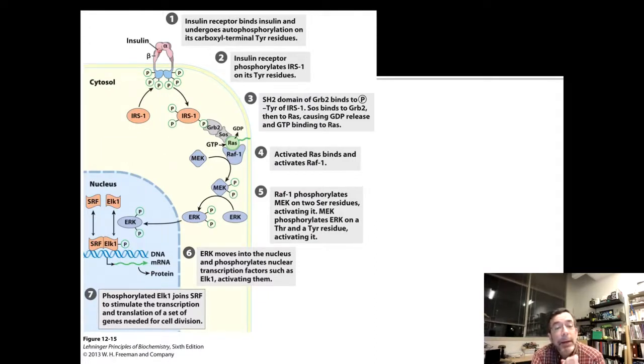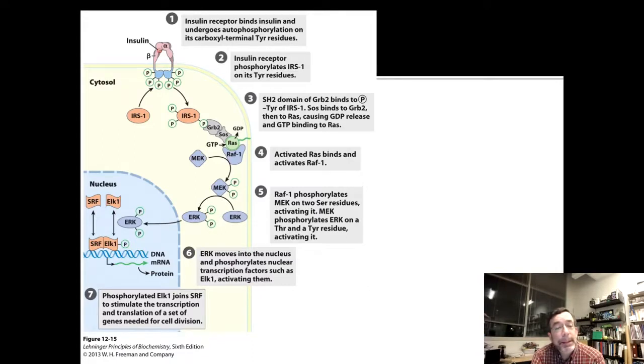IRS1 goes to RAS, and what happens with RAS is it's bound to a GDP. When it's bound to a GDP, it's off. When the IRS1 comes and sort of kicks it in the side, it lets go of the GDP, it binds a GTP, and the GTP will take time to be dephosphorylated, to be chopped up.